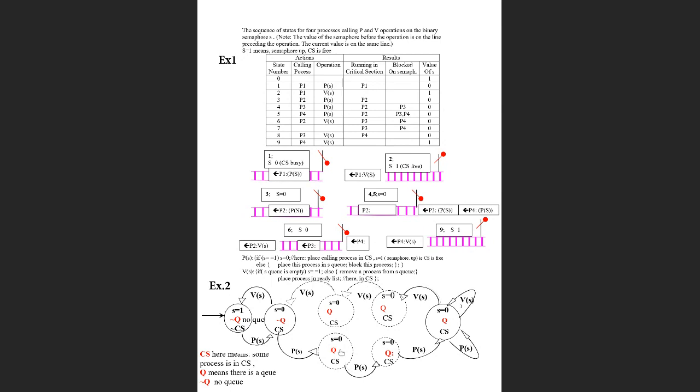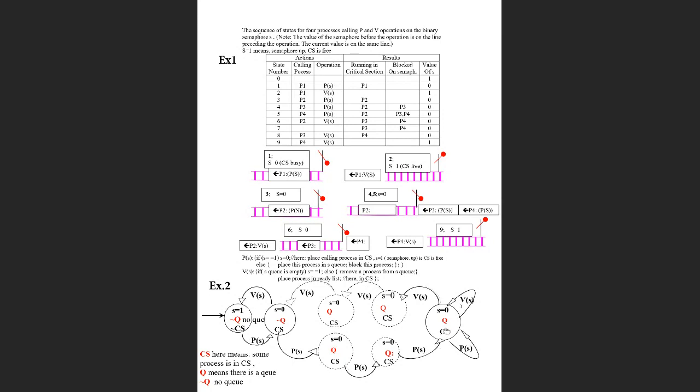But if the process is still executing and another process comes, the state is not changing because we still have Q. Now two processes are waiting. The semaphore obviously is closed and the critical section is busy. If another process is coming, the queue is longer, but it's still a queue.